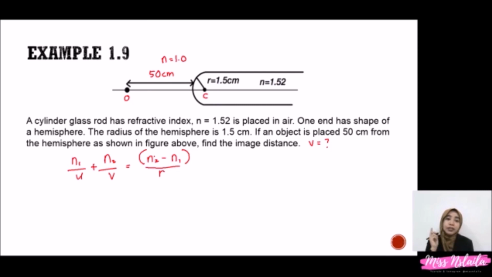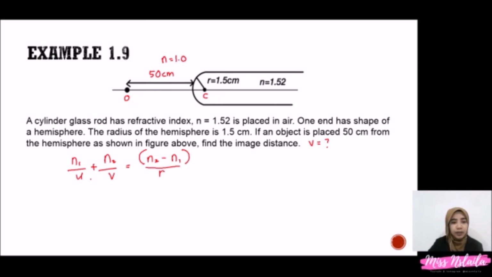But before we substitute the values into the equation, please check the sign first. For n1 and n2, there will be no sign. You can just substitute, but for u, v and r, we need to check the sign.